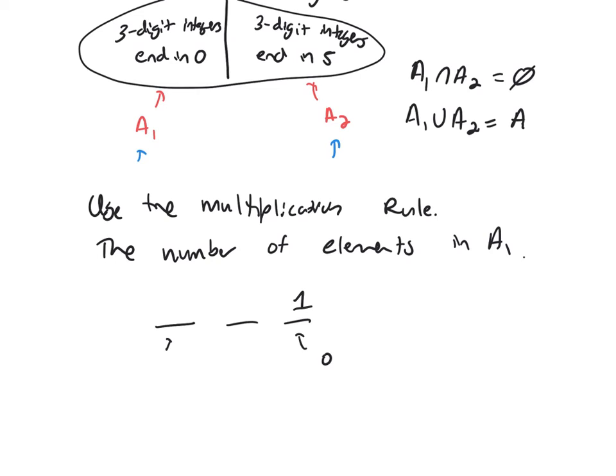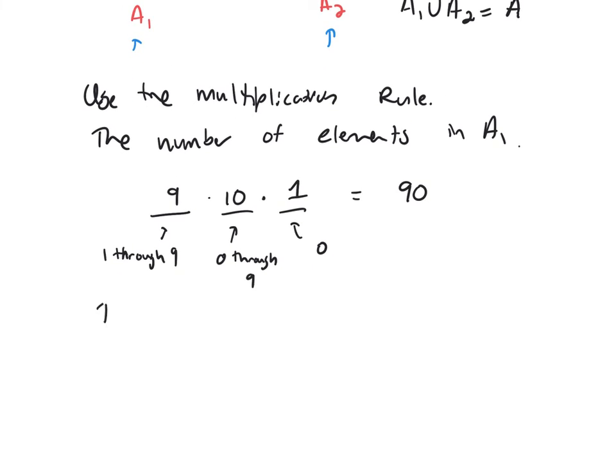Because this is a 3-digit integer, what could go in the first slot? The numbers 1 through 9. So there are 9 options here, and then 0 through 9, so there are 10 options here. So there are 90 elements in A1.